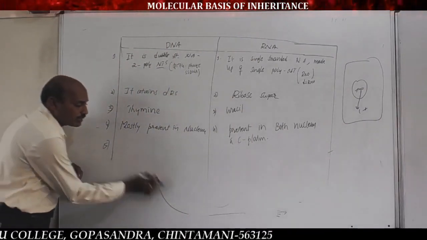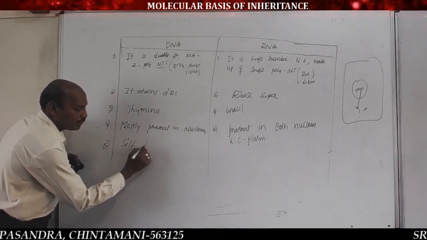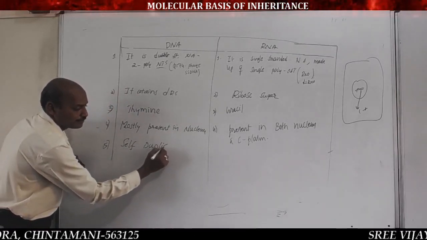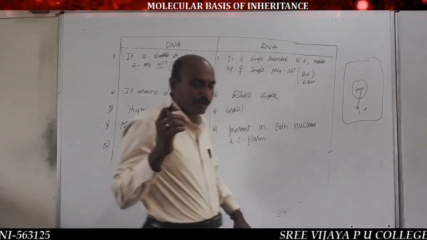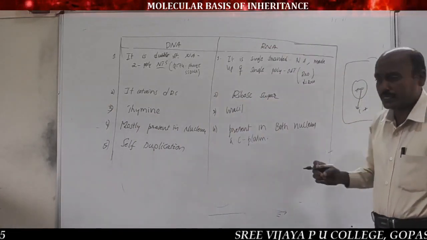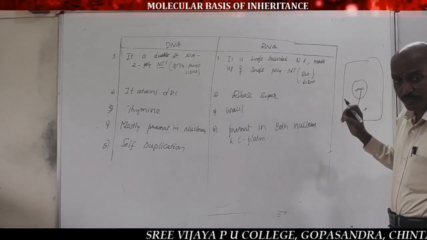And the next difference: DNA undergoes self-replication, self-duplication. Already we have discussed replication of DNA by the semi-conservative method.